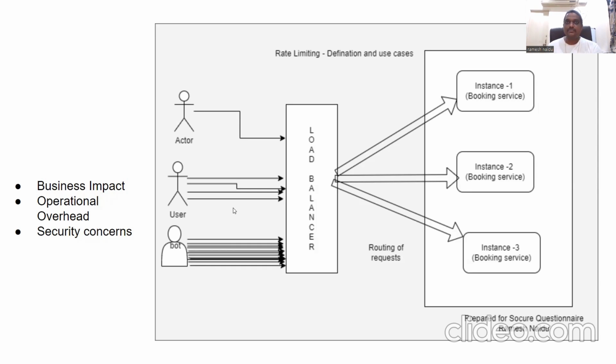We really wanted to stop this behavior. We want to limit the number of transactions for a particular user or bot. That's when we thought rate limiting would be very useful.